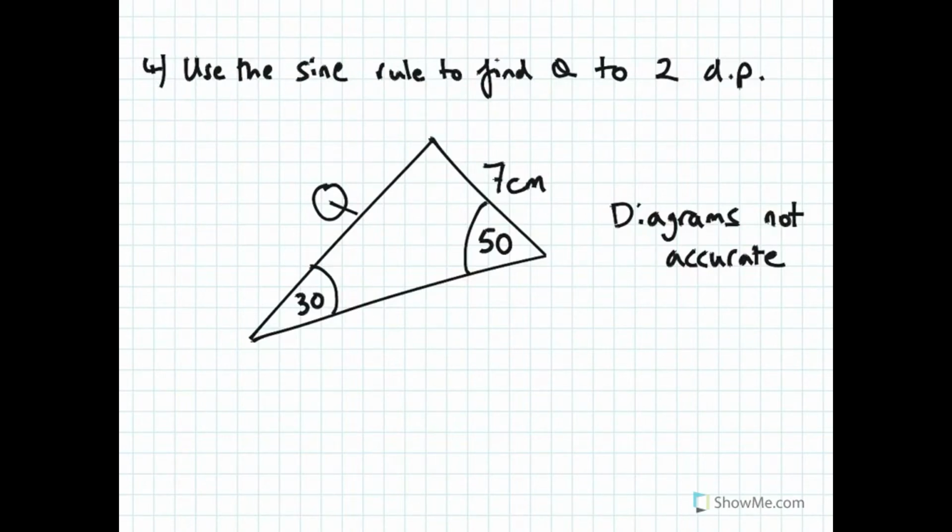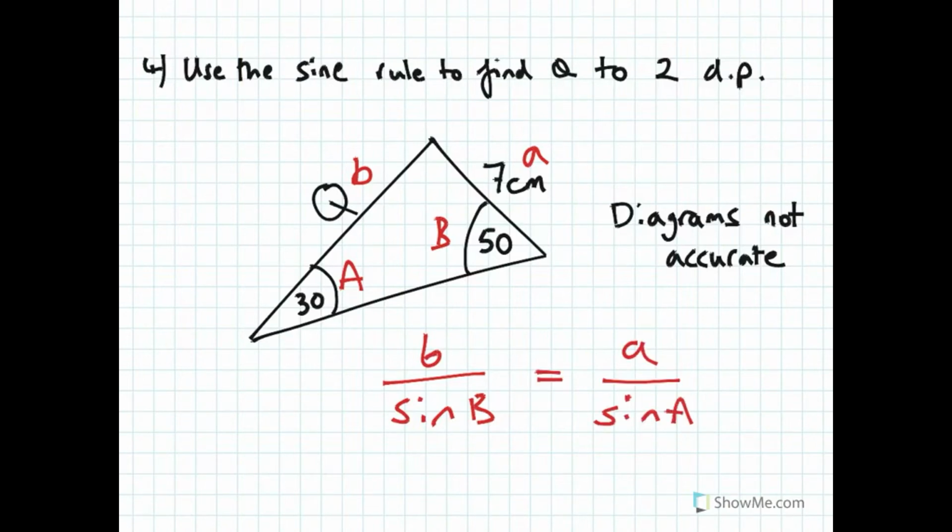You've got to name the sides first, so let's call this side A, and this angle A. I could call this side B, and this angle B. And if I told you I'm trying to find B, the side Q, so B over the sine of angle B equals A over the sine of angle A. You can rearrange that formula to make it B equals something, and you would do that by multiplying through both sides by sine B. So you end up with B equals A sine B over sine A. If you substitute into that, you'll be able to get your answer, and write that down, then round it to 2 decimal places.